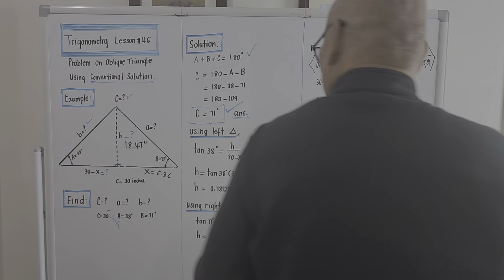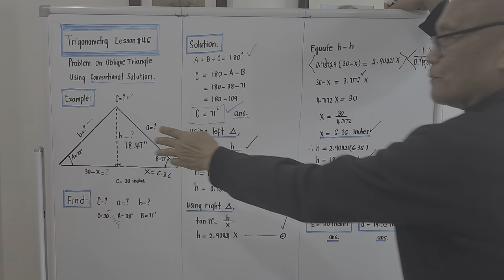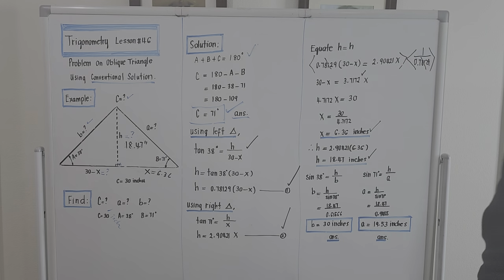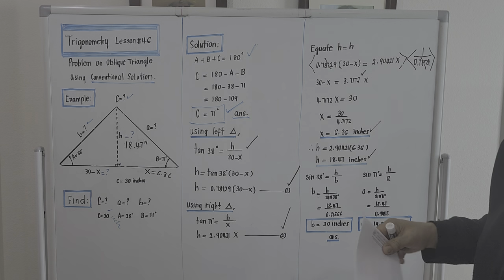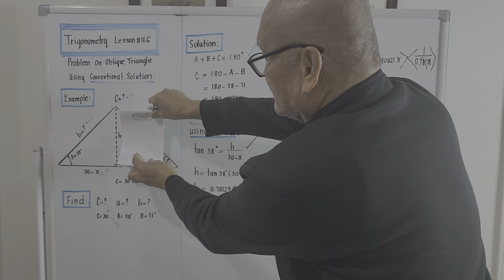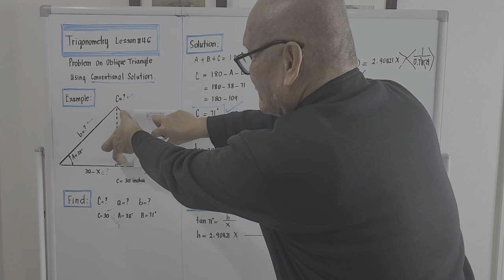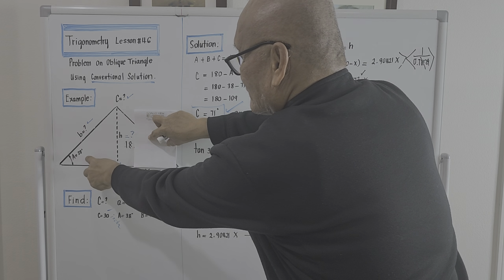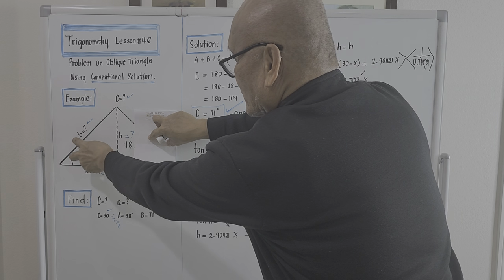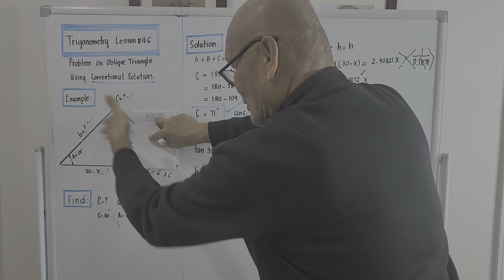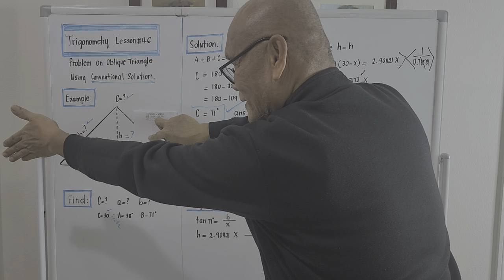To compute for the value of B and A now, again, you cover the right side right triangle. We are now given the height, we are given this angle, and we will compute for the hypotenuse of the left right triangle. B is the hypotenuse of the left right triangle.